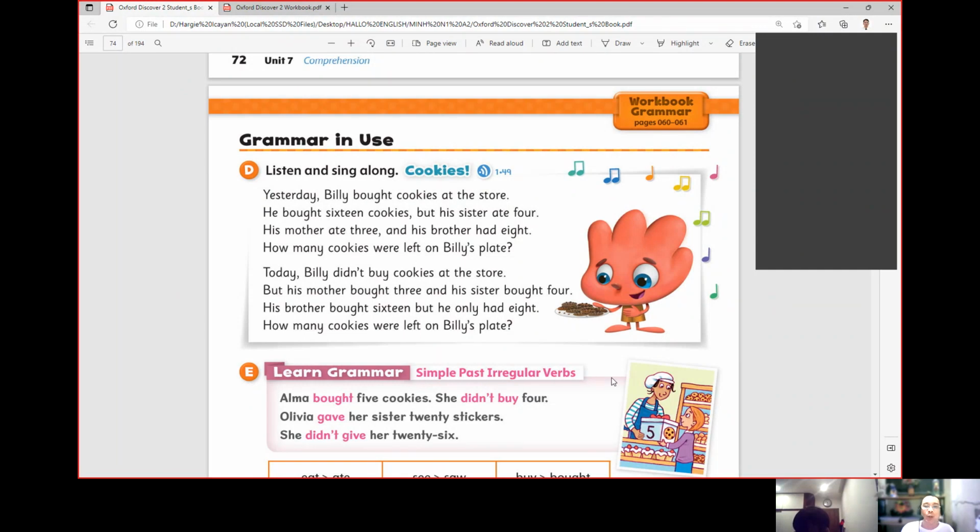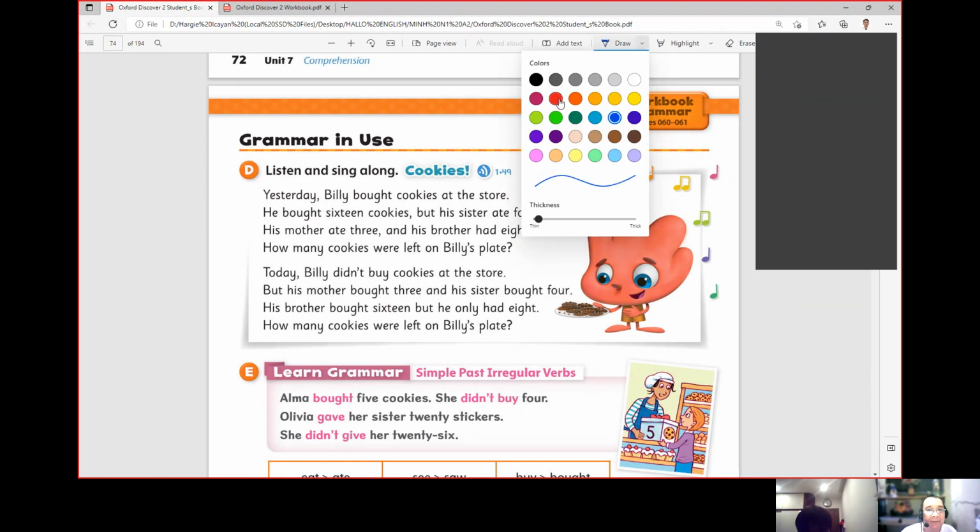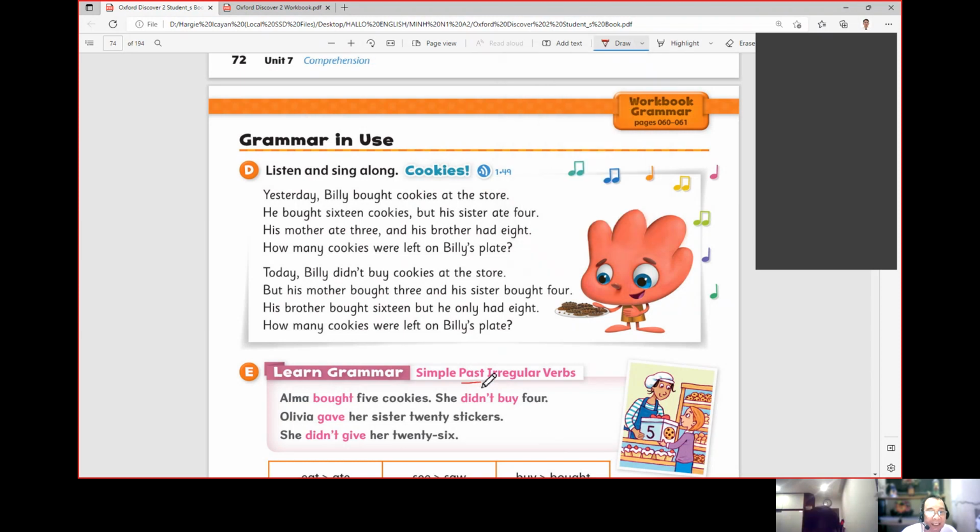So when we say simple past, that means it happens when? In the past. It already happened in the past. Okay? And we have to take note that we have here the words irregular verbs. If we try to form their simple past tense, we need to change the spelling.